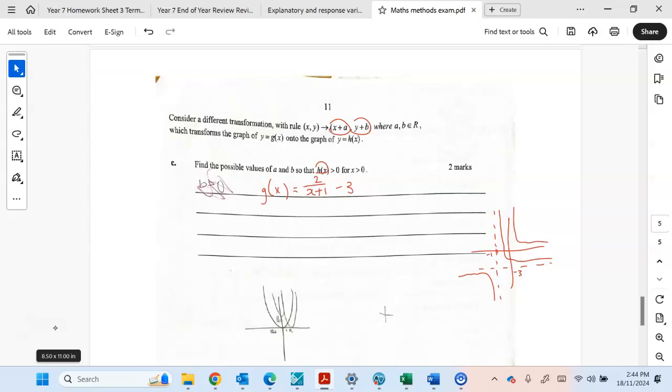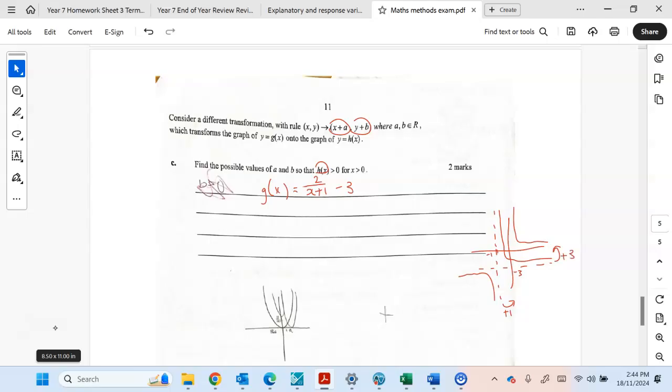So we want to shift the asymptote 1 unit to the right, and then we want to shift it up. How many? 3. So we want it to go to the right one, and we want it to go up 3.